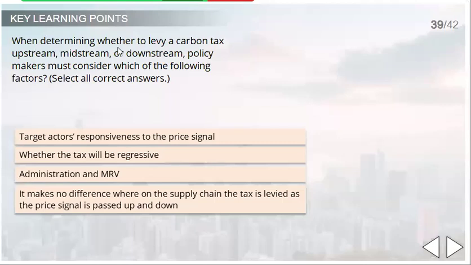When determining whether to levy a carbon tax upstream, midstream, or downstream, policy makers must consider which of the following factors. Select all correct answers.